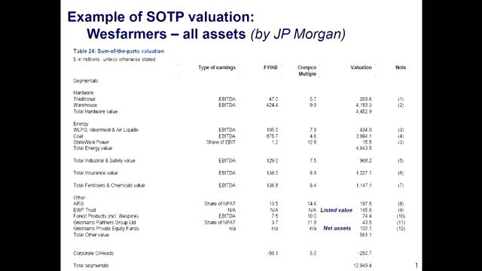So this is an example of sum of the parts. It's an example of Wesfarmers before the acquisition, of course. But you can still see its business segments are divided into hardware, energy, fertilizer, and services to other industries.